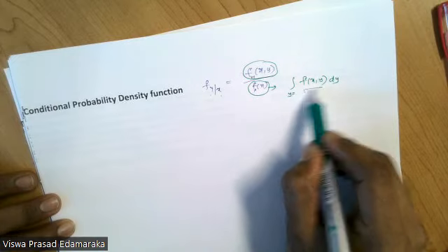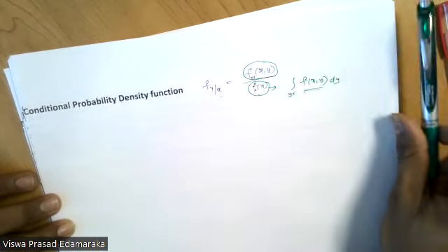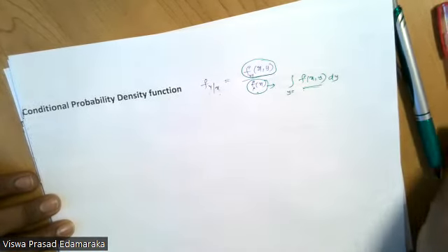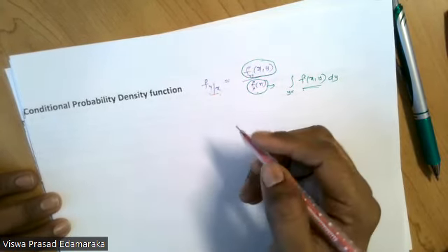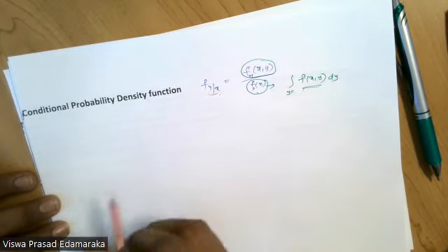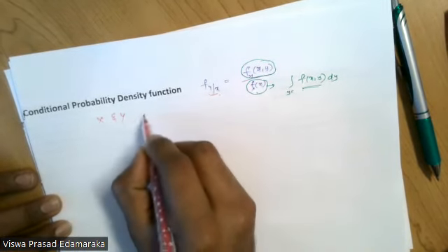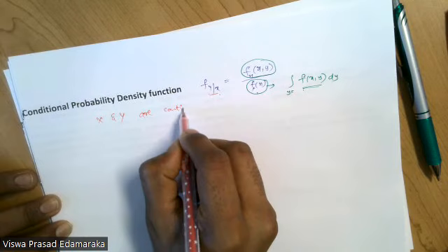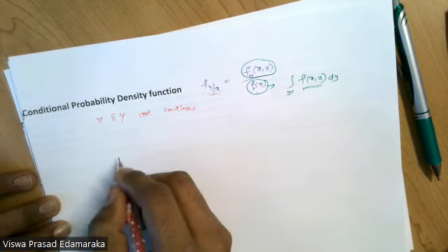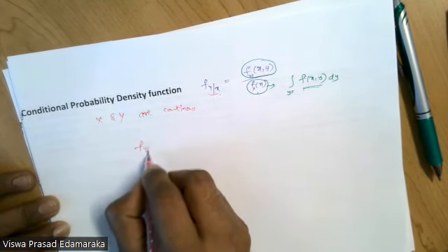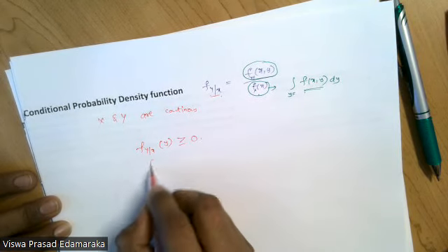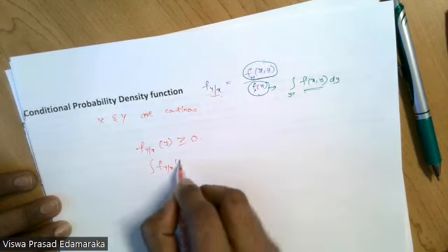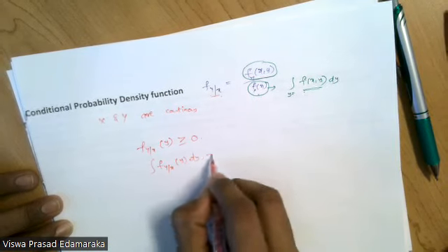After getting this value, we'll substitute here, some values will cancel, and we'll get f of y given x, where x and y are continuous here. And some conditions: f of y given x with respect to y is always greater than or equal to 0. When we integrate it, you'll get the value 1.